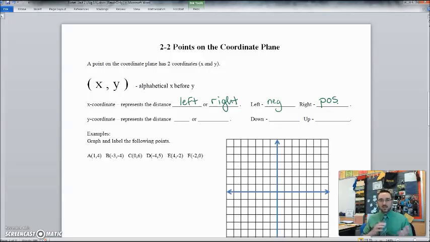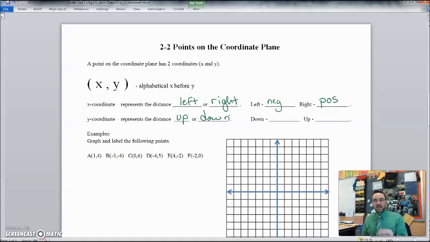So if we move left, we are going in the negative direction. If you think of the number line, we're going in that negative direction if we go to the left as well. Same thing here. If you think about x and y as just separate number lines, when we collide them, we are looking at their location of shifting up, down, left, right.